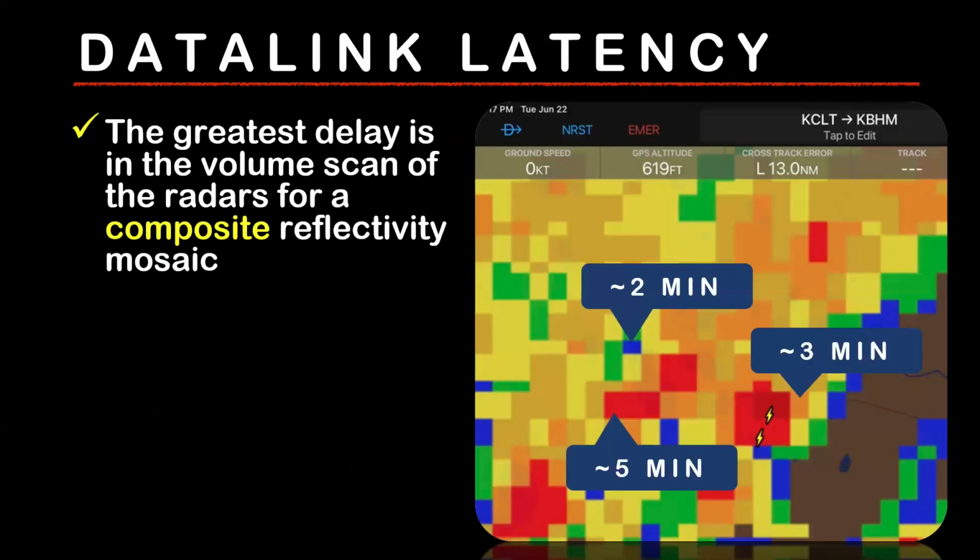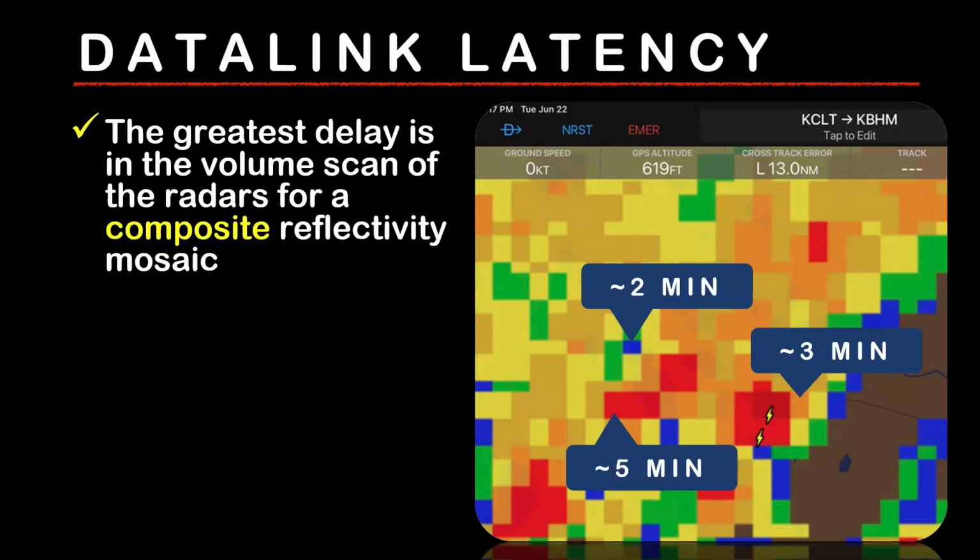So when we're looking at a composite reflectivity, you have to think about that as having all slices, all elevation angles of the radars. All the radars in the country are looking at all elevation angles. Then they find the reflectivity value that is the largest in that column of air. And that's what you see on your particular cockpit display.